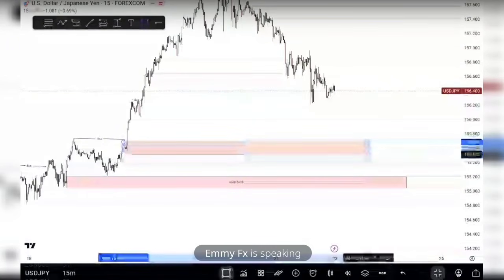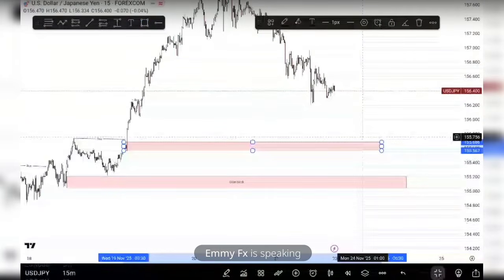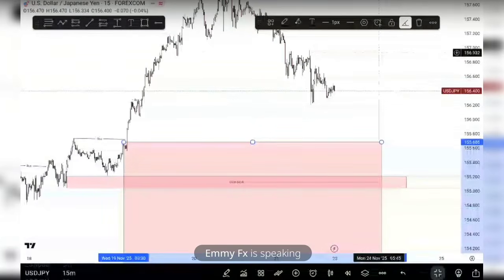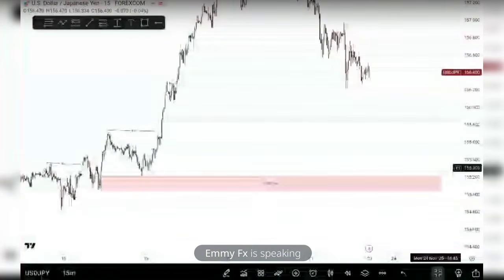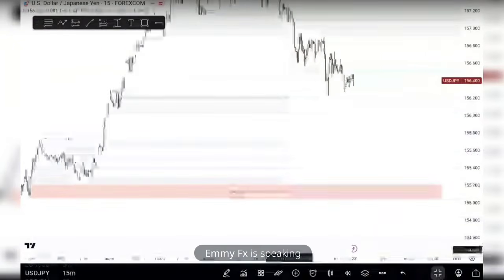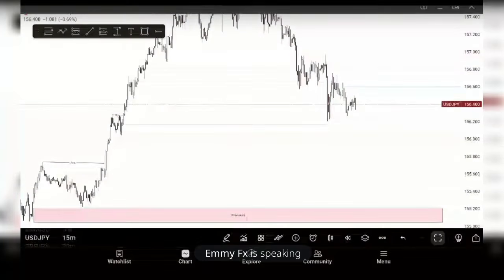We also have this other block, but I don't want to use that other block because I'm going to use that other block as inducement. Price is moving aggressively to the downside.